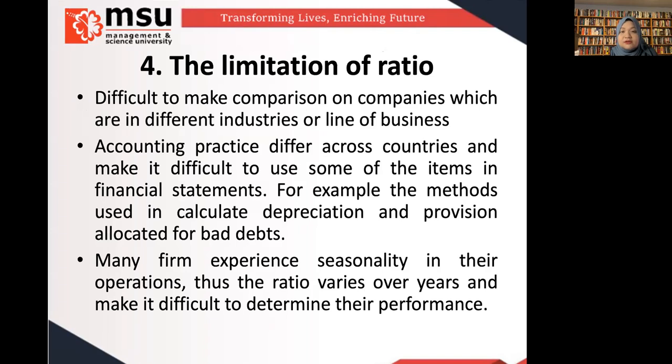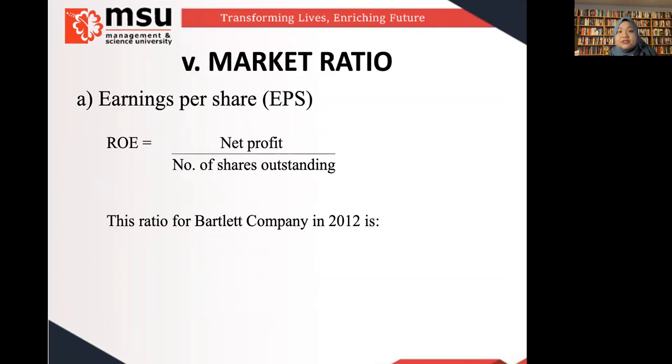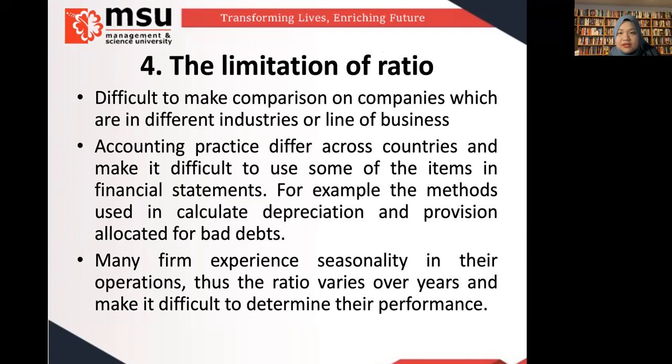Okay. So of course, this is how we do the financial ratio analysis. Financial ratio analysis also has some limitations, because it's only based on historical data. So that is the first thing lah.